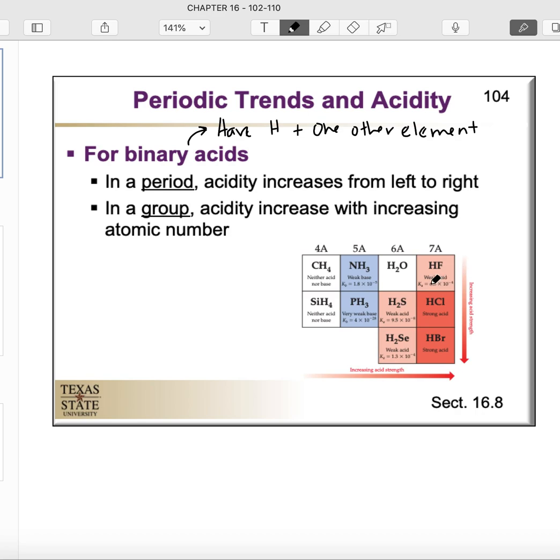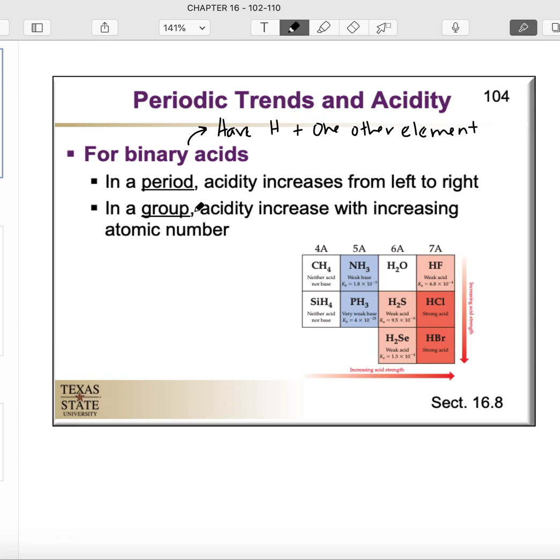And so the hydrogen would be easier to let go than if it is more tightly bound, right? So as we go to the right, the acidity increases, meaning that it's easier for HF to donate a proton than it would be for CH4 to donate a proton.